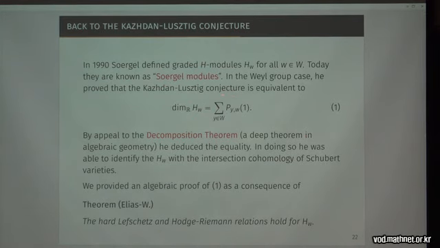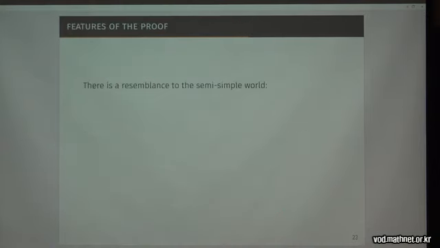And what we do is we prove this equality by establishing the hard Lefschetz and Hodge-Riemann relations for each of these H_W. So the example that I gave before of the coinvariant ring is one of these, but you have to establish it for W many of them. So there's some kind of remarkable resemblance to Maschke's theorem.